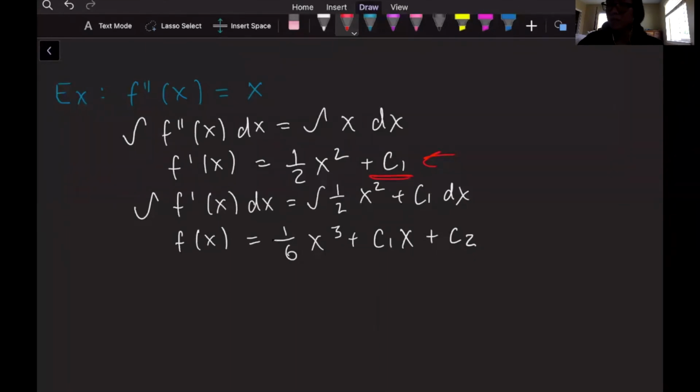Notice I have the C1, right? When I integrate a second time, I have to integrate the whole thing, C1 included. So when I integrate this whole thing again, this C1 becomes a coefficient, right? And then I have to add on this other C2, this other constant that I got when I integrated a second time, right?